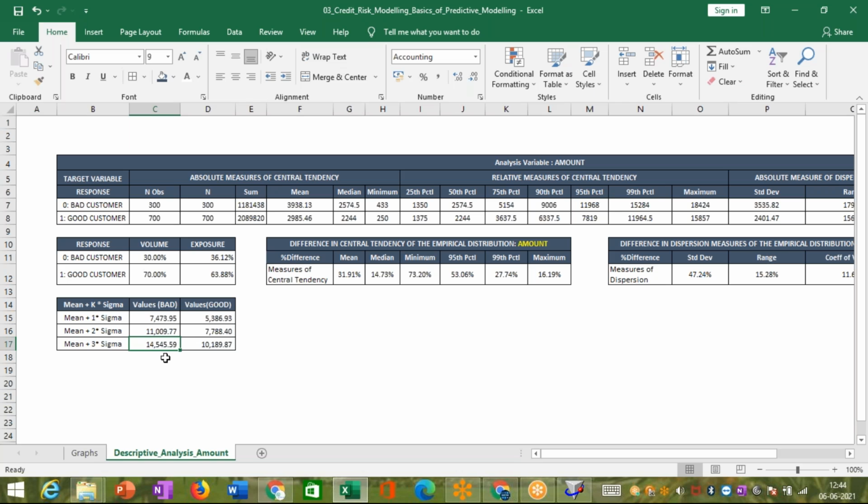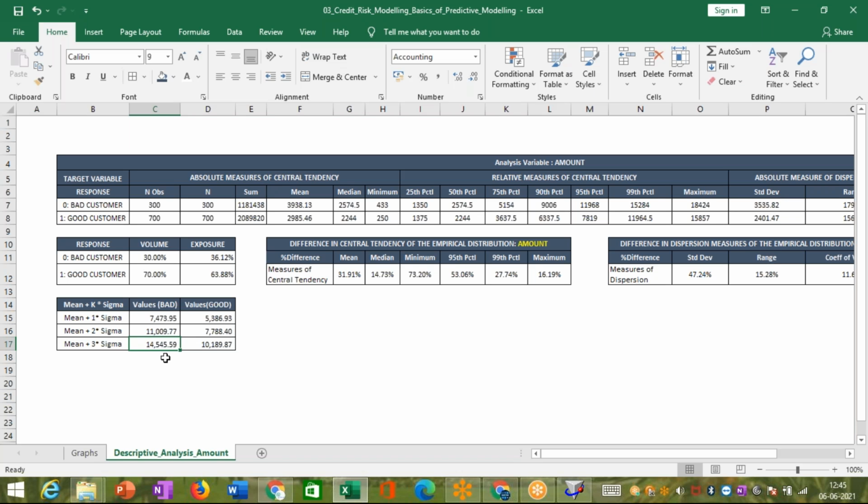Beyond this, the distribution becomes drastic, and it comes outside that interval. So the capping for all records above 14,545 for the bad records must be taken care of.